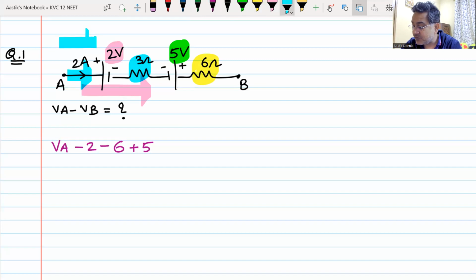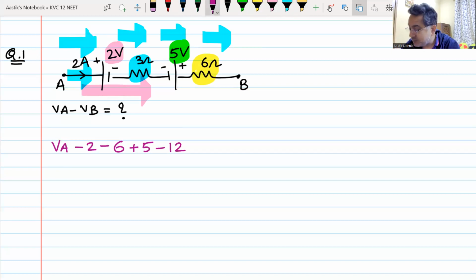Look at the direction of current. Is it positive? No. So it is minus 12. 6 into 2 is equal to VB. From here, you can calculate the value of VA minus VB.